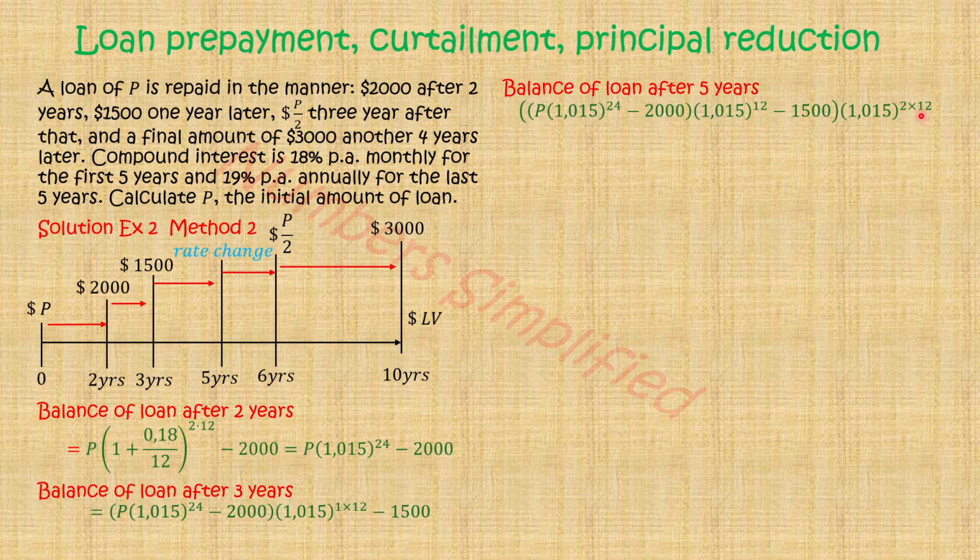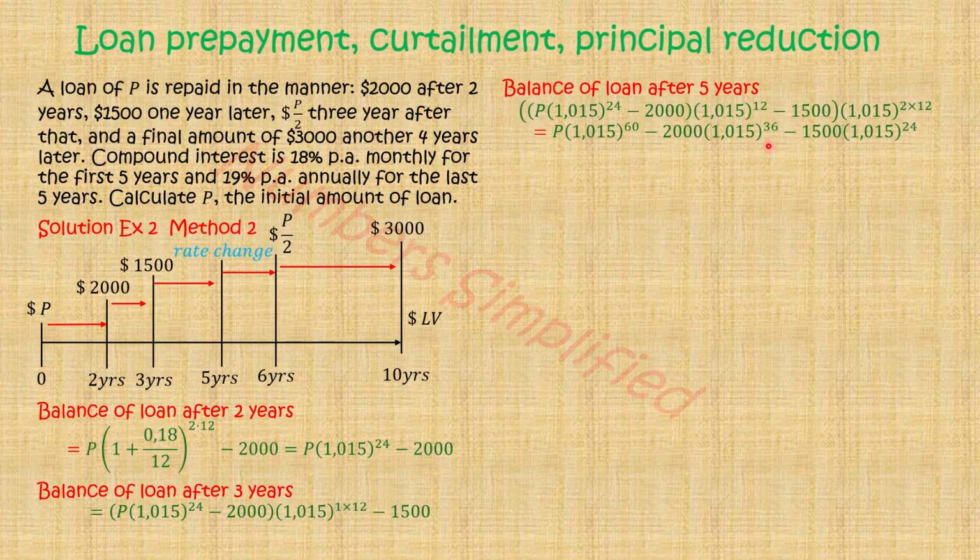Right, so now that we have the balance of that loan after 5 years, perhaps before we move on, we can expand the brackets so that we have something reasonable and pleasant to look at. When we expand the parentheses into each and every term, we see that that 1.015 is going to multiply with the minus 1,500 raised to the power 24. We have the same multiplying the 2,000 times 1.015 raised to the power 12.